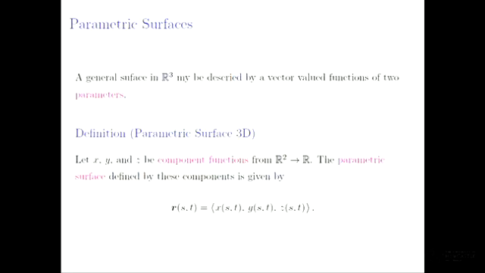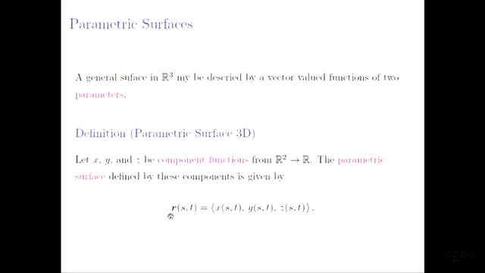With 2 parameters, I'm going to be able to define any position in R2 and associate a height with it. So following the definitions from before, if we let x, y, and z be component functions from R2 to R, the parametric surface defined by those components is given by this.